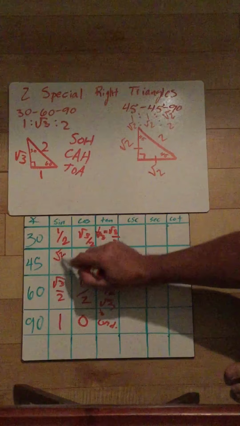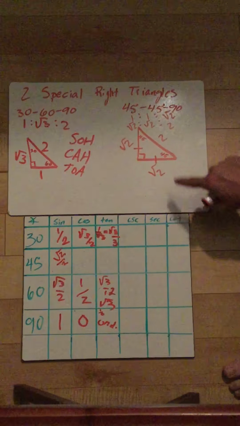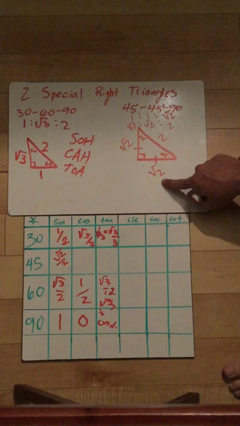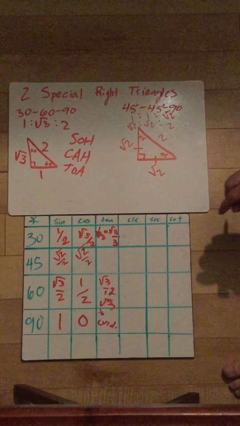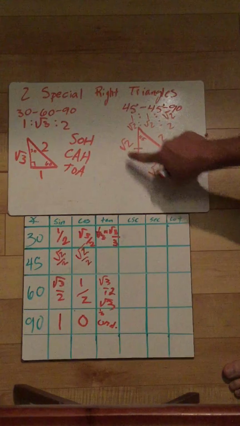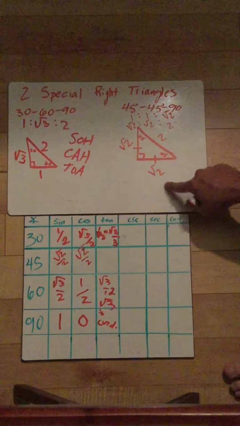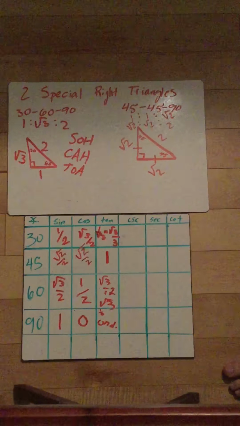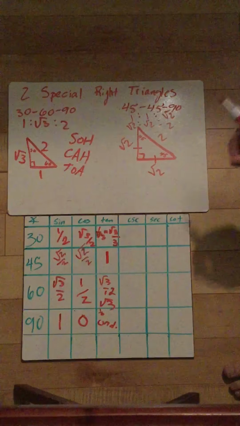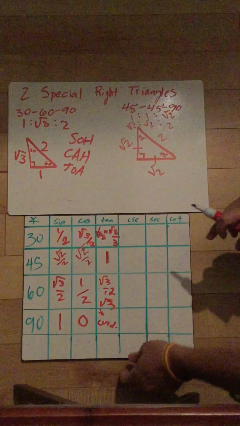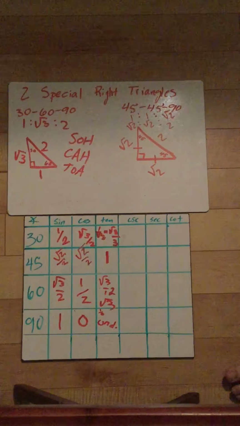So that's radical 2 over 2. The cosine, adjacent over hypotenuse, is radical 2 over 2. Opposite divided by adjacent, well, radical 2 divided by radical 2 is 1. We now have all three sine, cosine, tangent values for the 30, 45, 60, and 90.